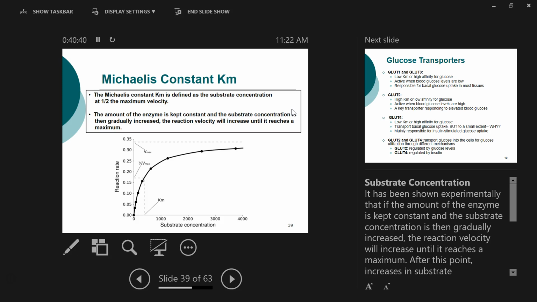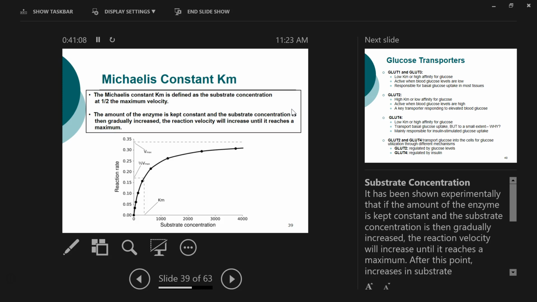So there are two concepts, okay? The affinity is how easily the enzyme binds to the substrate. So it's the affinity for the substrate. And the Km is just, when you increase the substrate concentration, you raise the reaction speed, and it is defined as reaching half of the maximum reaction.